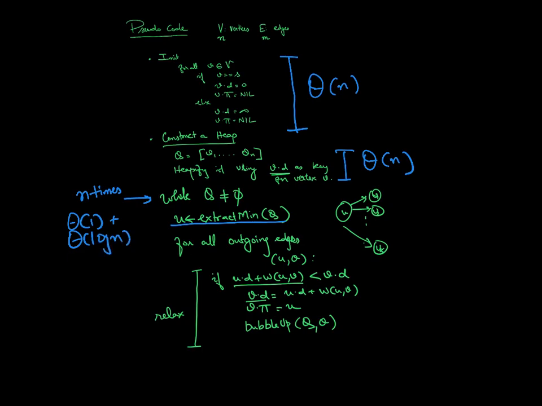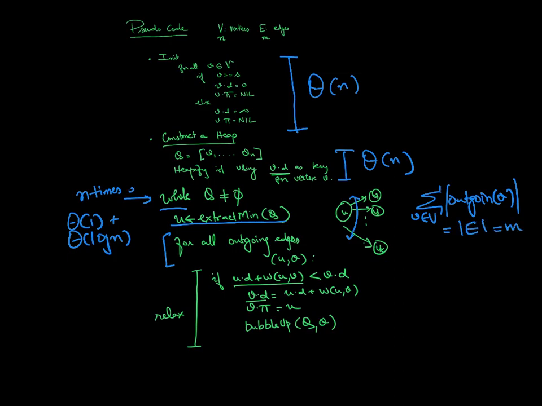Okay. How many times does the inner loop run? It runs as many times as the number of outgoing edges for that vertex. So the sum of the number of outgoing edges over all vertices v is simply the number of edges in the graph, m.